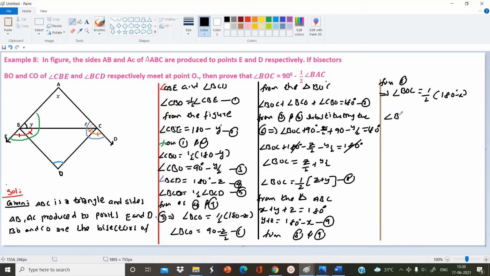So angle BOC equals 180 by 2, simplifying, minus x by 2. 180 by 2 means 90 degrees, so angle BOC equals 90 degrees minus x by 2.